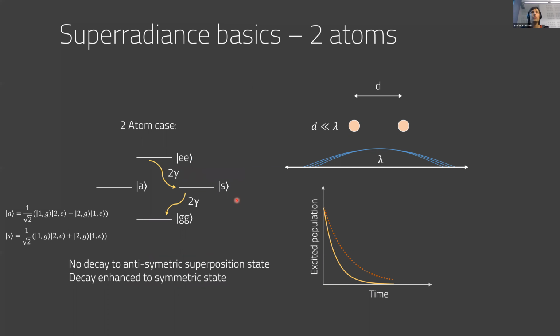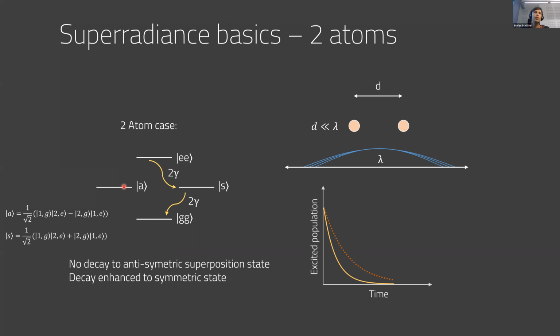So in the 2 atom case, we can set up the energy levels of such a system here. So if we have full excitation, we're in this doubly excited state, and we can be in the doubly ground state. But if we have a single excitation in the system, we have these two degenerate superposition states.